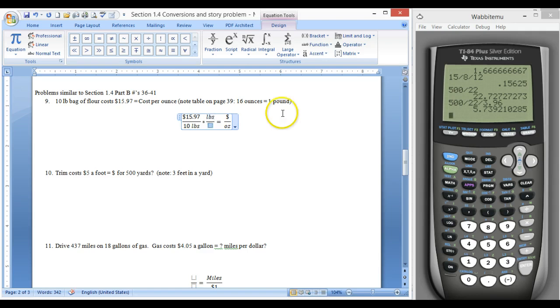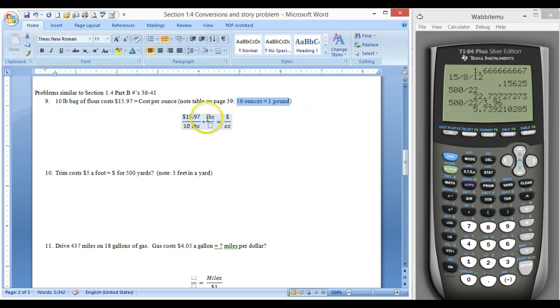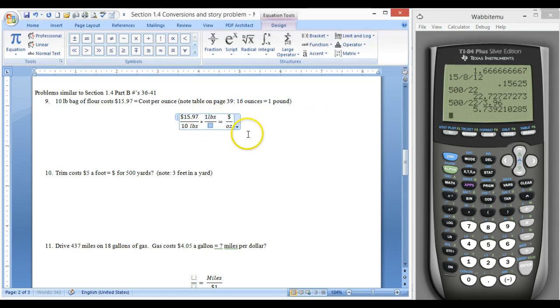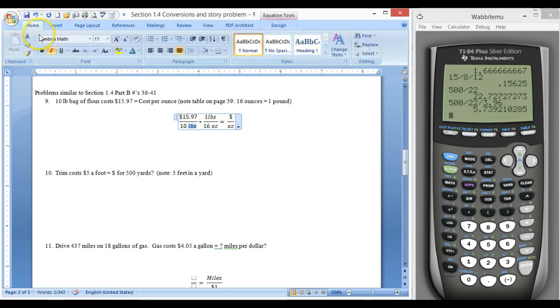And replacing that with ounces, I have a conversion of 1 pound to 16 ounces. So I'm going to put 1 pound divided by 16 ounces. There we go. Now the pounds will cancel, and I'm left with dollars over ounces, which is exactly what I was headed for.